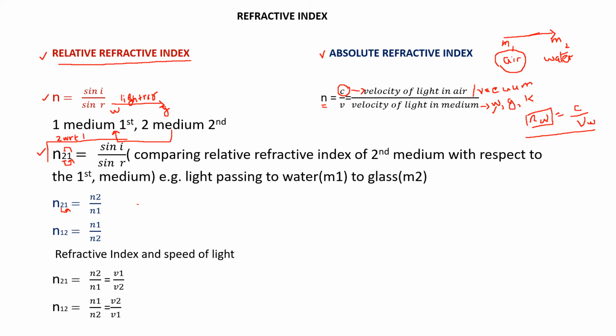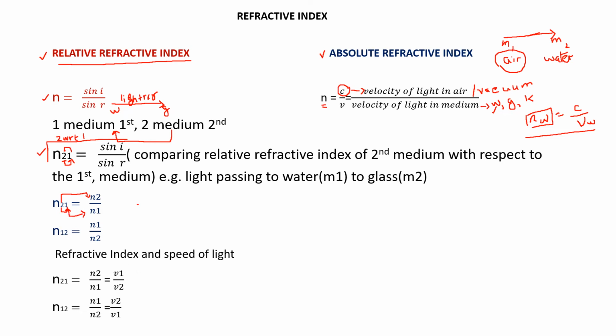Now let's write it in the form of a ratio. Comparison is always done in the form of a ratio, right, children? It's very easy. You have written 2 first, so 2 will come at the numerator. Number 1 you have written second, so it will come at the denominator.